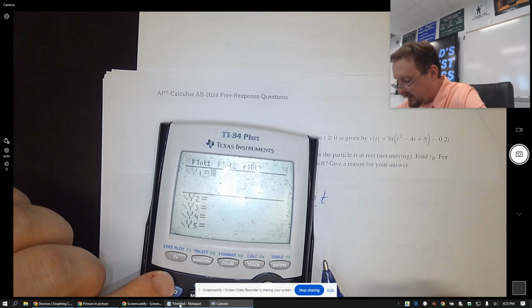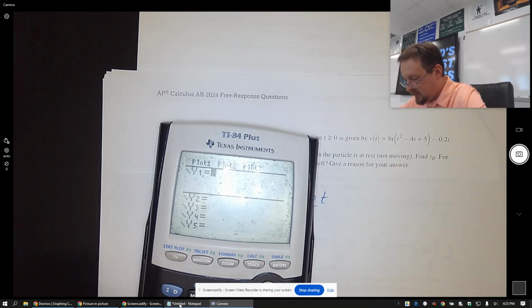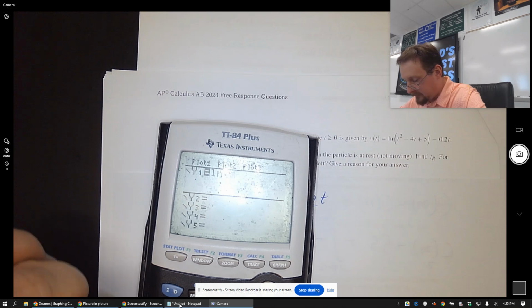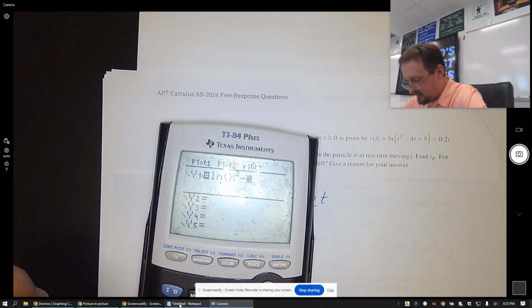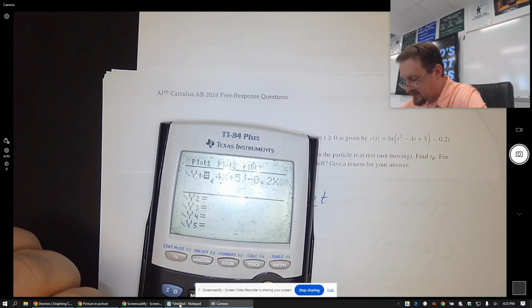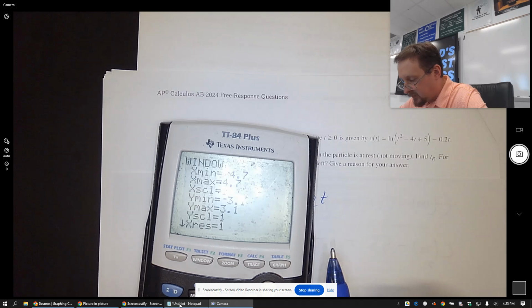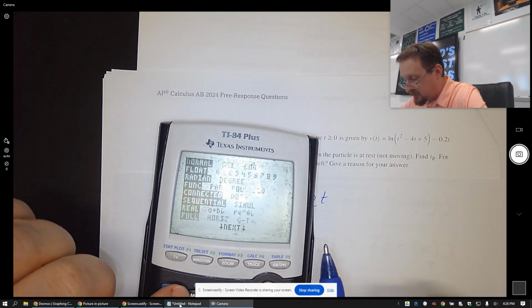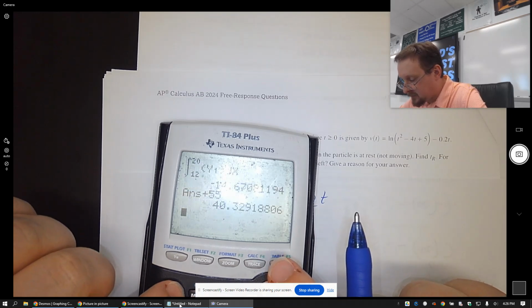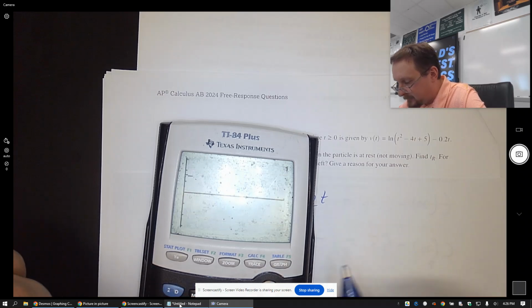So let's go to my handy-dandy calculator here. Natural log of x squared minus 4x plus 5 minus 0.2x. Okay, and I'm going to set the window to 0 to 2, and make sure my calculator is in radians. I didn't mean the table.